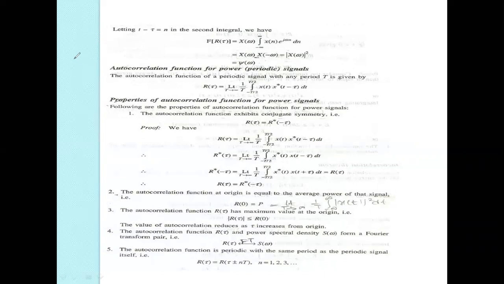So finally we get X of omega into the integral from minus infinity to infinity of x of n e power j omega n dn.